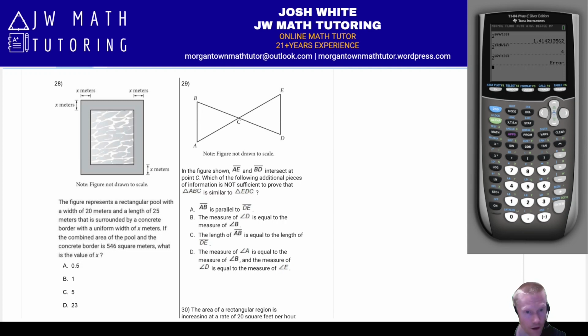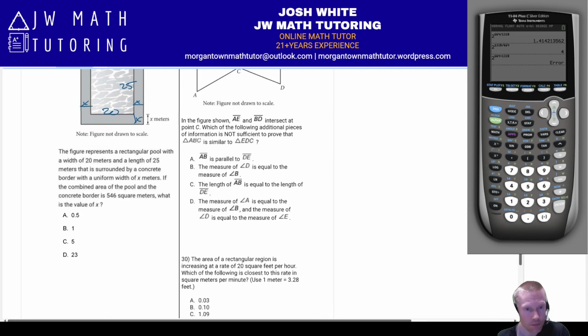So we know the figures of the pool, so it's like we have one here, which is 20 and this is 25, and then there's x added on here, x here, okay, x here. So basically it tells us the combined area is 546, and then now the combined area would be the total length and total width with the border included.